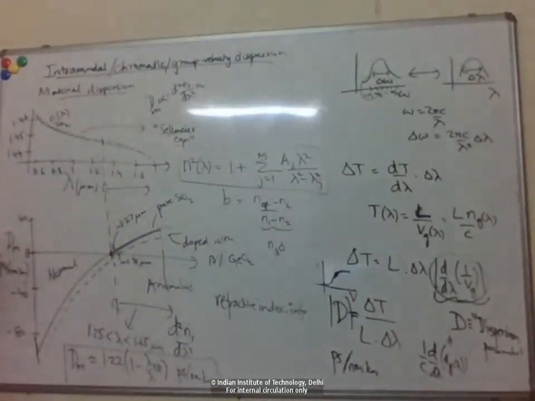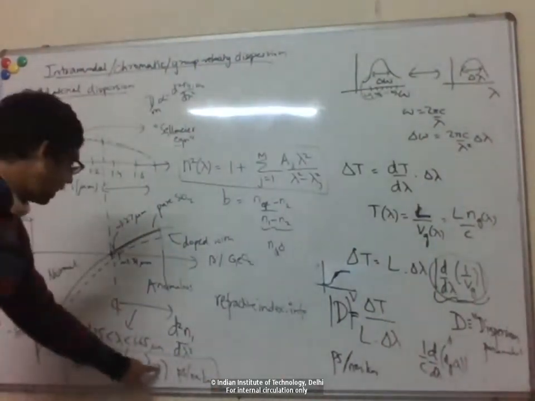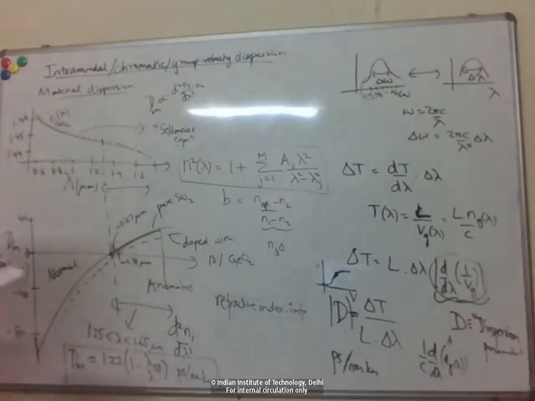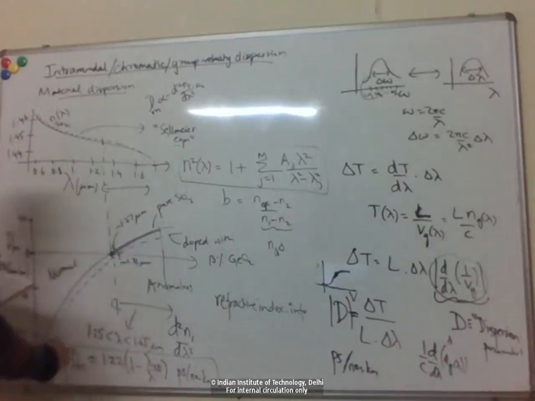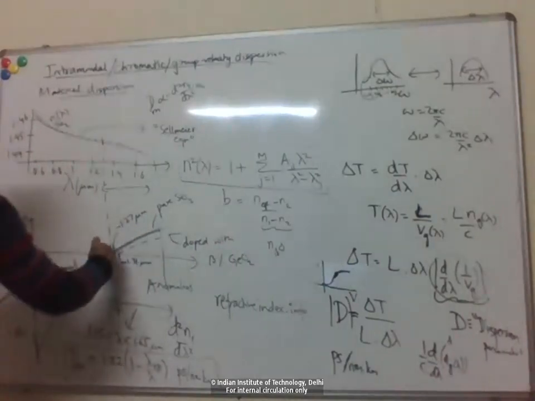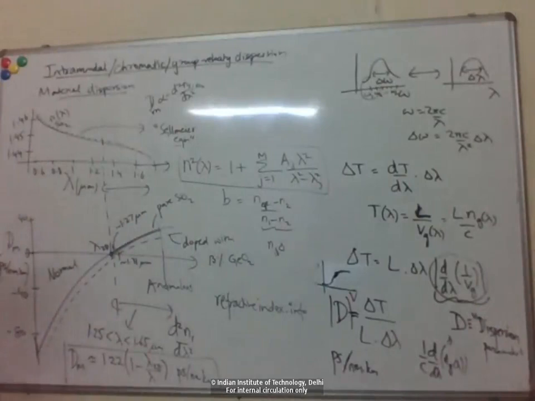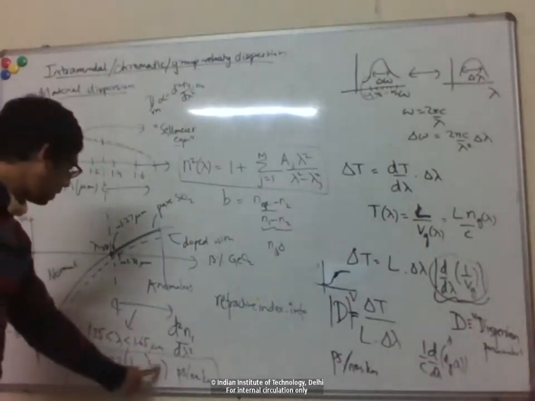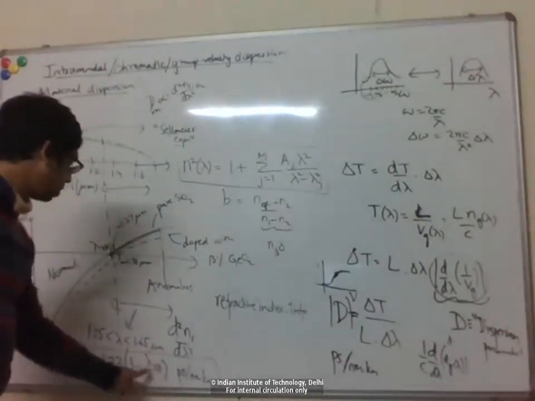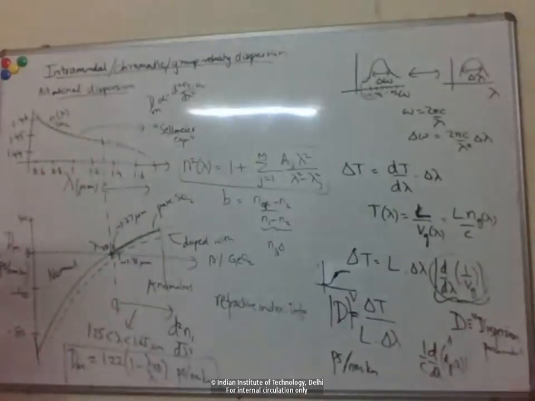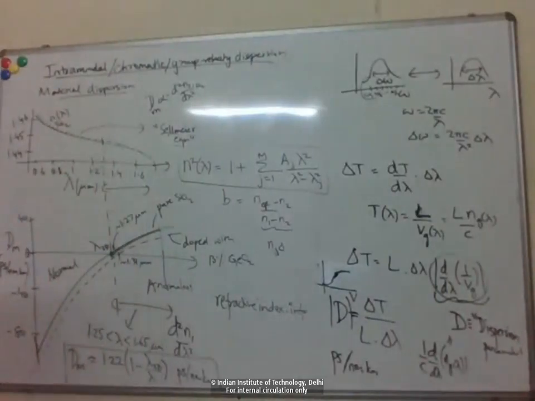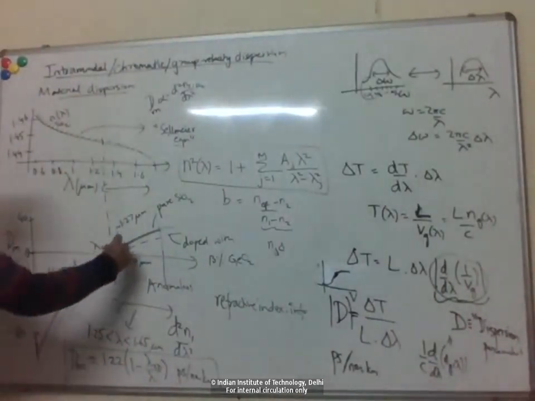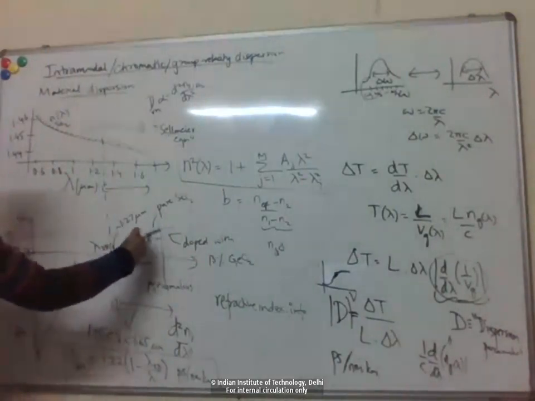Here lambda sub ZD is the zero dispersion wavelength. For pure silica, as I said, that's about 1.27 micron. So the material dispersion would be zero at exactly the zero dispersion wavelength, and in this range it is well modeled using this simple equation. You can see it's in the tens of picoseconds per nanometer kilometer range.